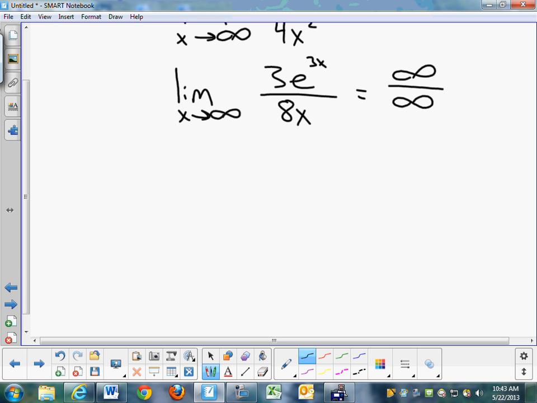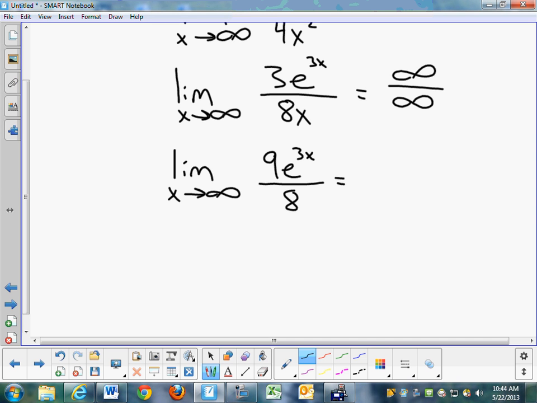So now we're going to apply it again. I take the derivative, 9e to the 3x over 8.